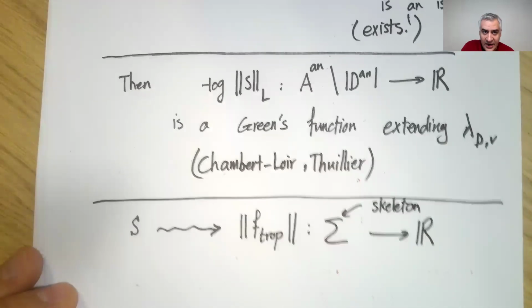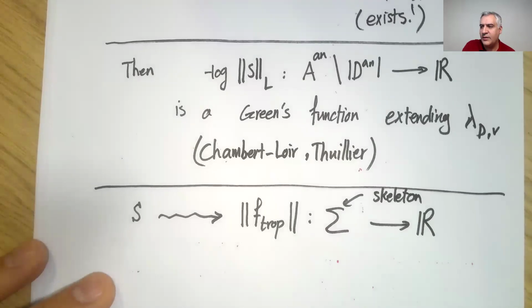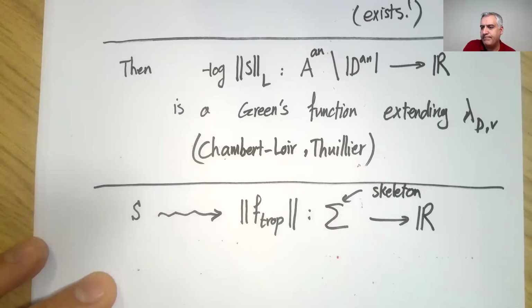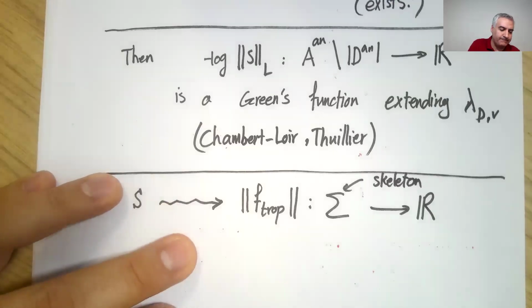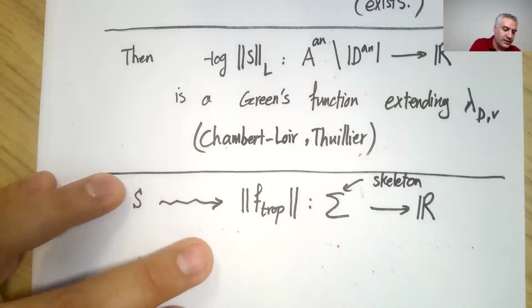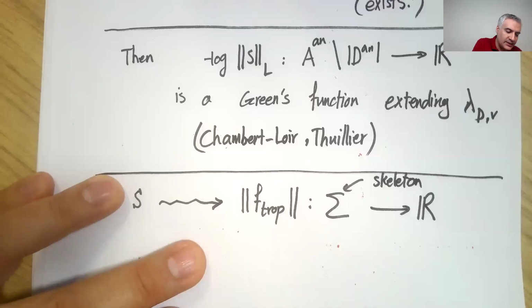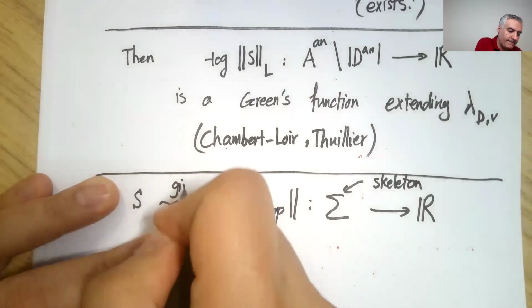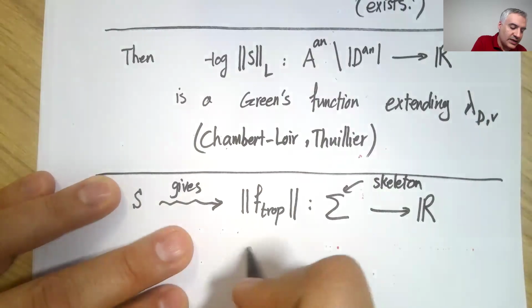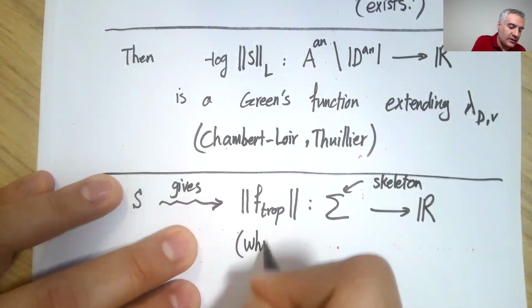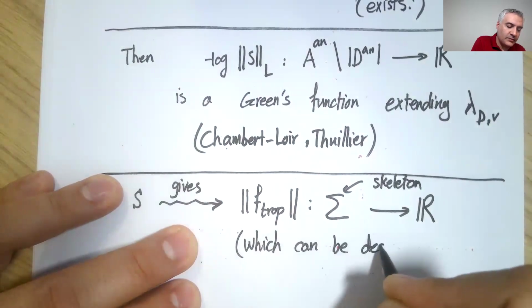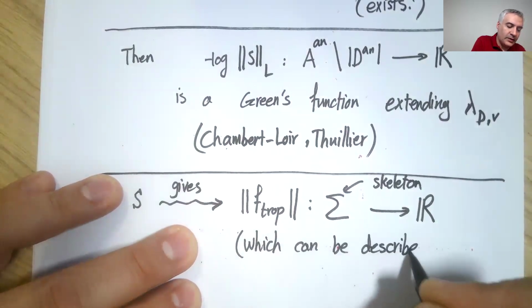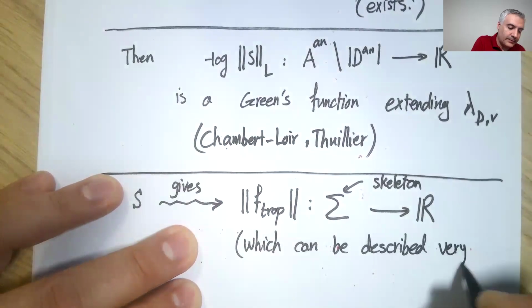And I'll say very concrete things about this function in a moment, but maybe one way to very quickly define it is, okay, let me say, this gives this function which can be described very concretely.